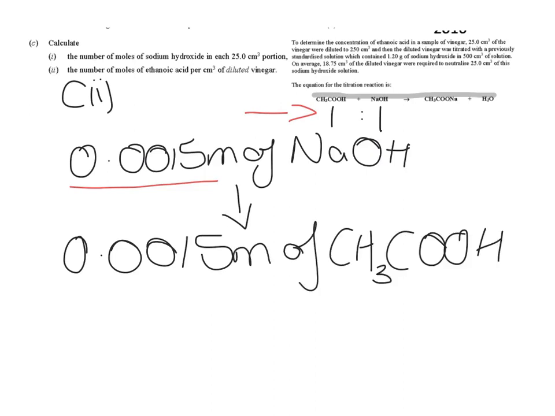Now, this 0.0015 moles corresponds to the amount of moles that we used in this particular titration of vinegar. So we need to go back to our question and figure out how much vinegar we did use. When we read the question, it says that on average, 18.75 centimetres cubed of the diluted vinegar were required to neutralise the 25 centimetres cubed of NaOH.